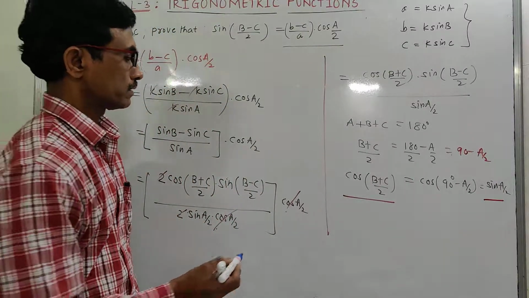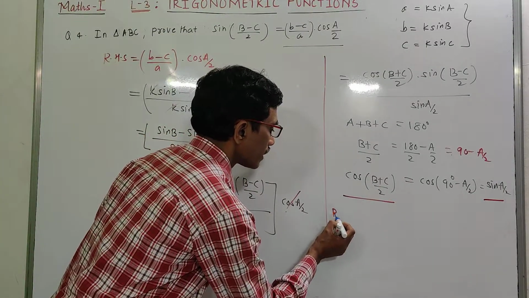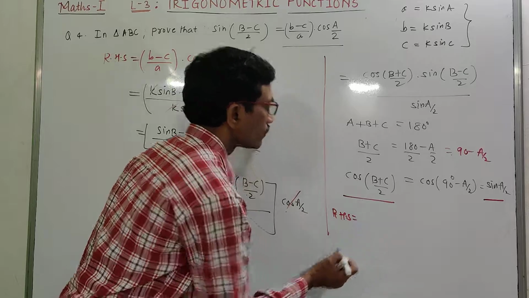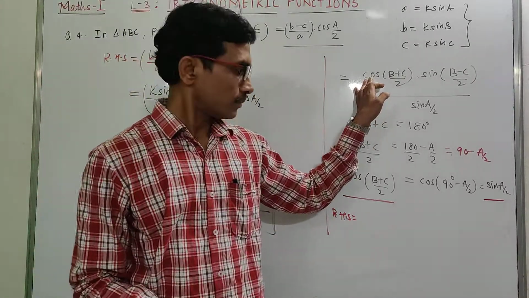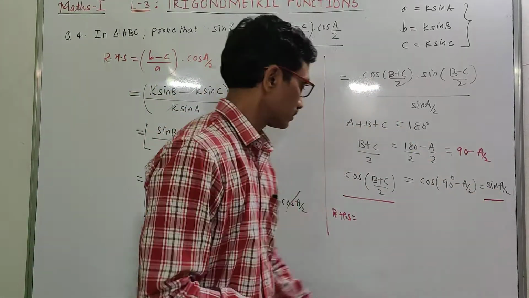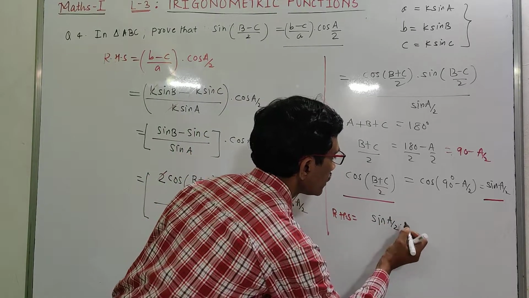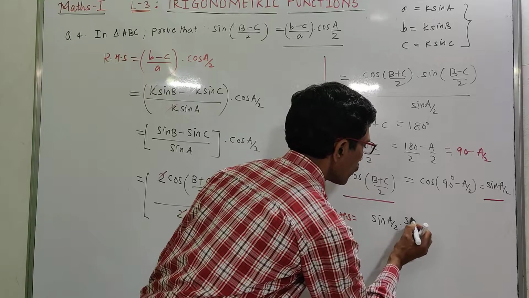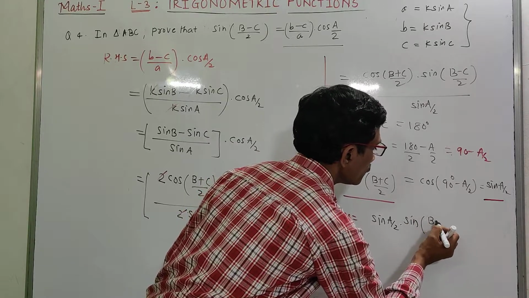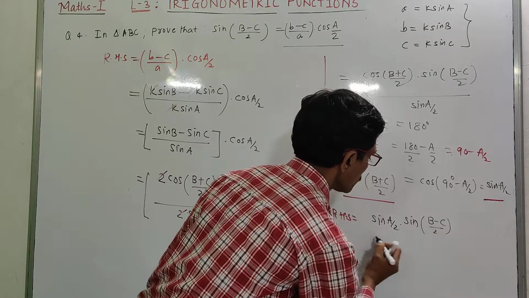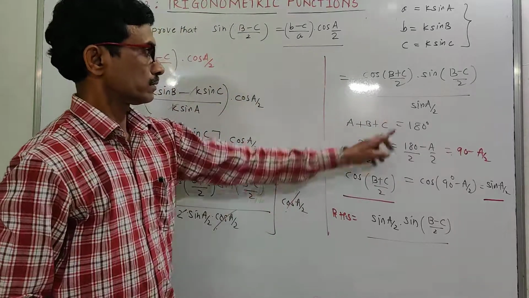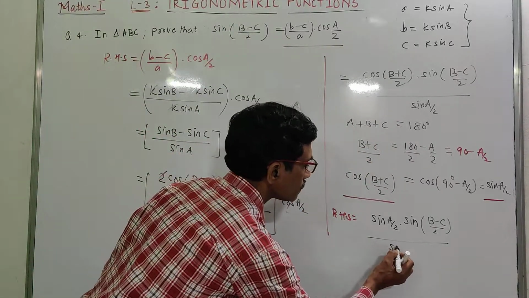We write, and therefore RHS will be equal to cos of B plus C upon 2. We write sin A by 2 into sine of B minus C upon 2 upon this sine A by 2.